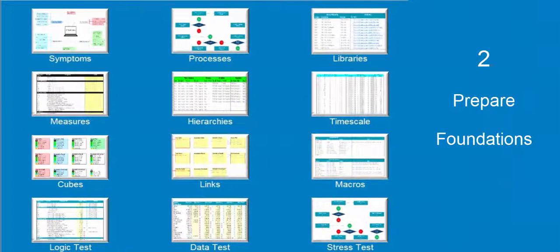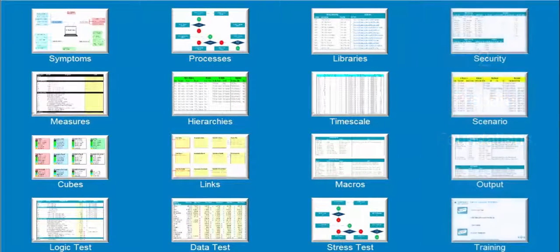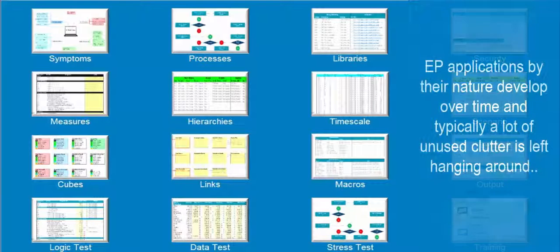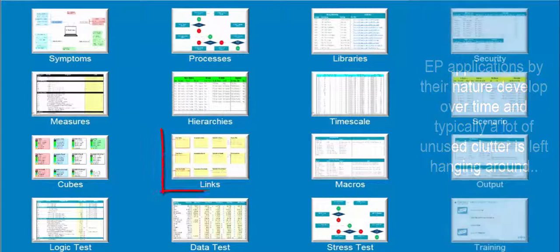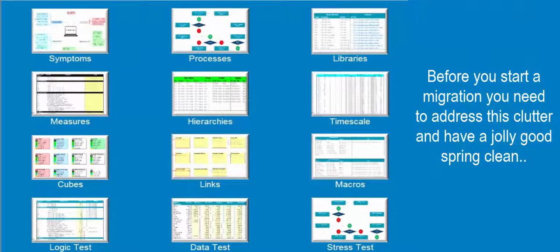Number 2, prepare your foundations. EP applications by their nature develop over time, and typically a lot of unused clutter is left hanging around. Before you start a migration, you need to address this clutter and have a jolly good spring clean.